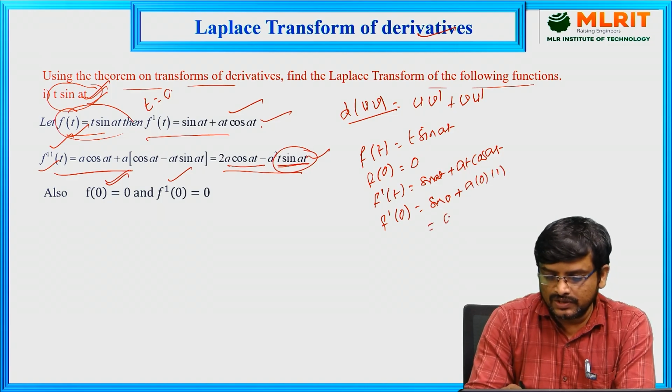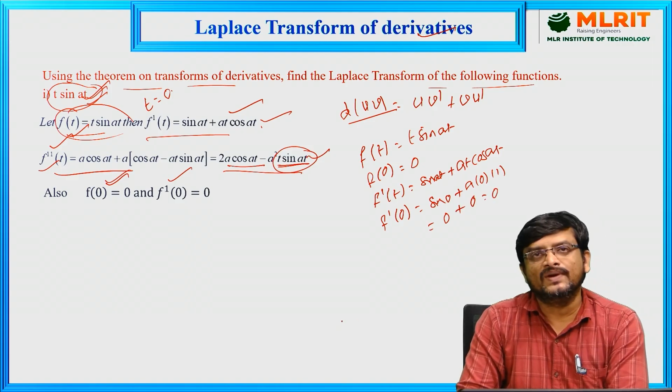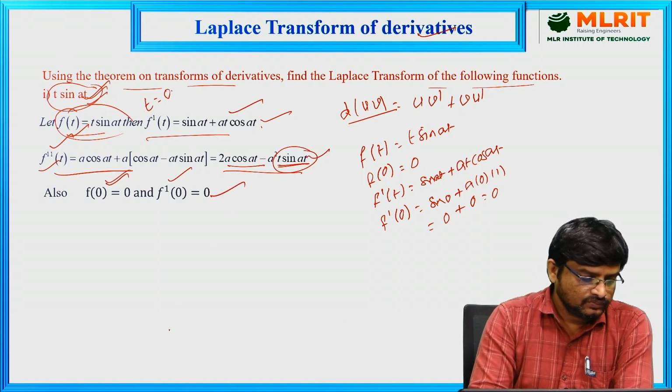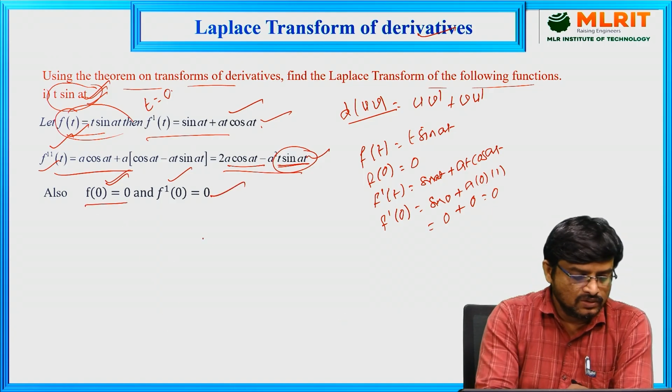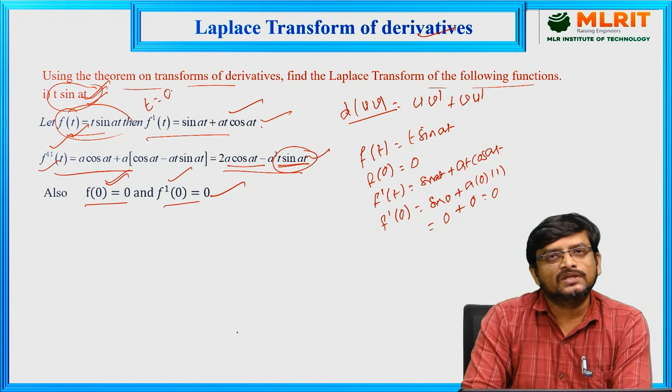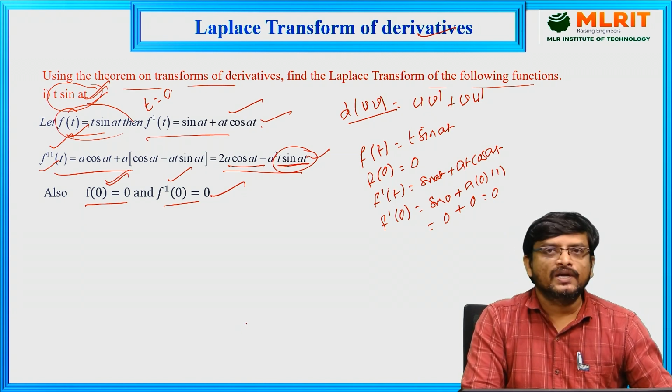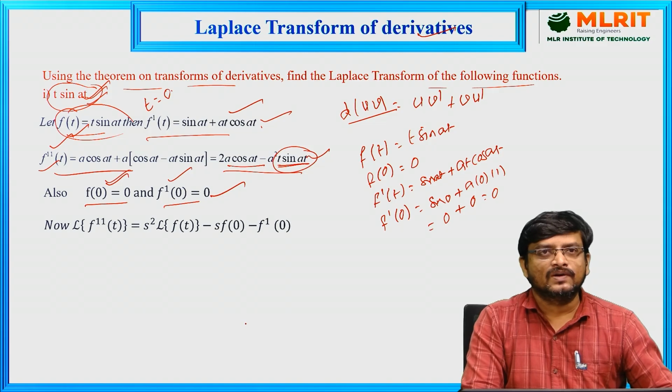Sin 0 is 0, 0 into anything equals 0, so f dash of 0 is also equal to 0. So now we got f of 0 and f dash of 0 equal to zero, and we are ready to use this Laplace transform formula.